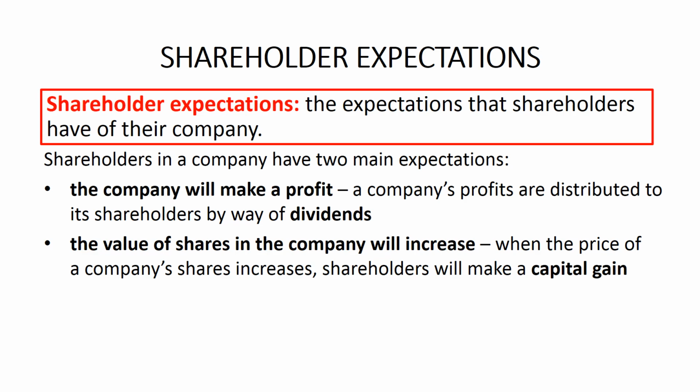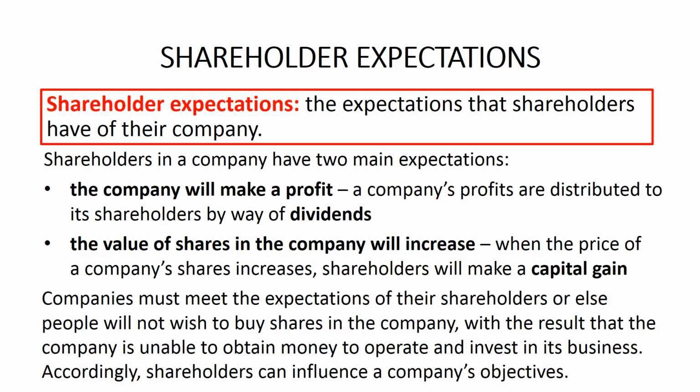So the expectation of shareholders is that the value of their shares in the company will increase, and this in turn means that companies will often have an objective that the value of the shares in the company should increase by a certain amount over a certain period of time.